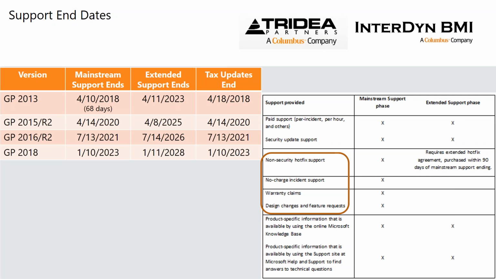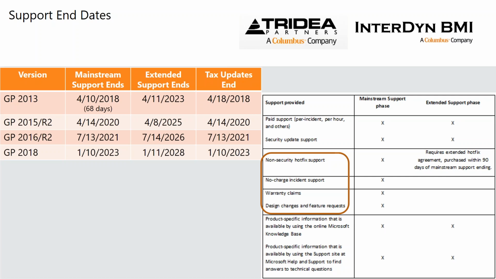And so if you're on 2013, especially if you run payroll, you don't have to upgrade before April 10th, but you want to do it sometime in the next few months so that you're poised to get the year-end updates for your system next fall. So if the W-2 layout changed or the 1099 layout changed, you would not get those from Microsoft.